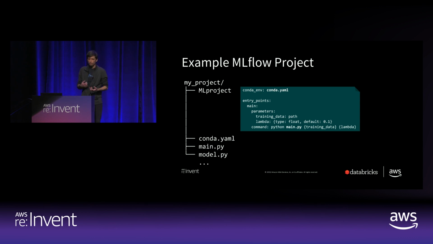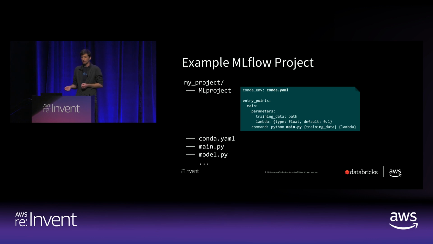But every entry point is essentially a command you can execute. It can be to train your code or different versions of training your code. And the entry point has a list of parameters. And then it specifies a command to run. So this actually is pretty powerful because different people use different formats on the command line. Different languages are invoked differently. So this kind of allows you to abstract of whatever is inside.